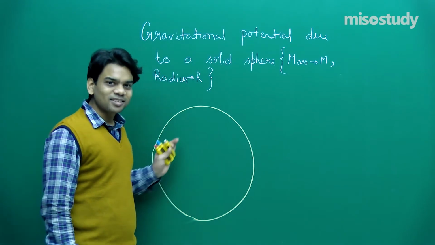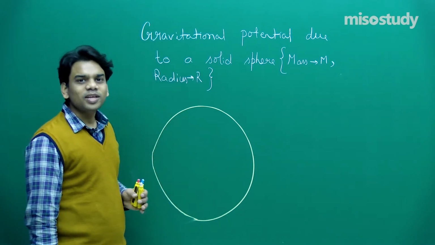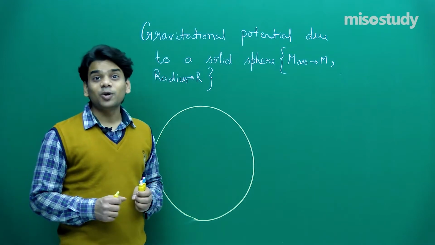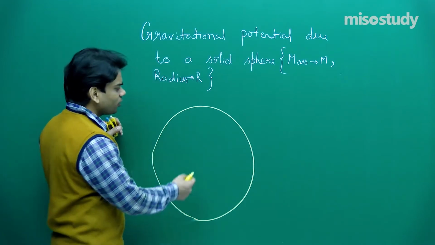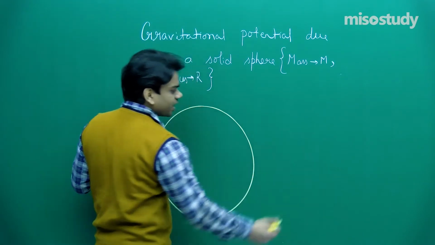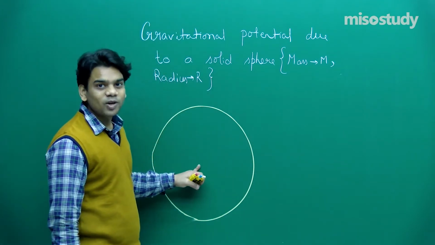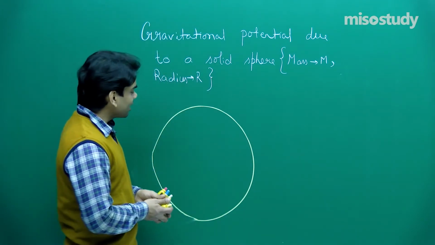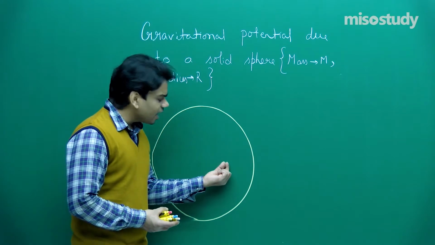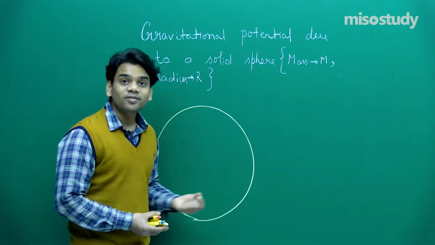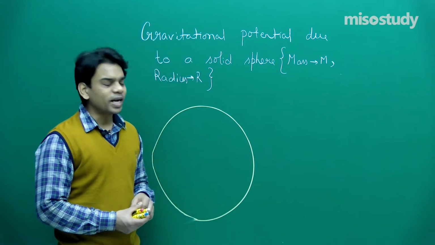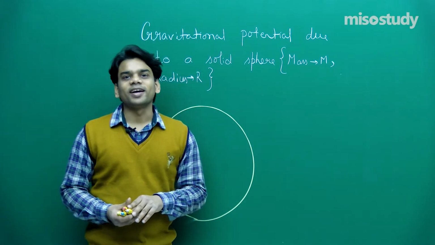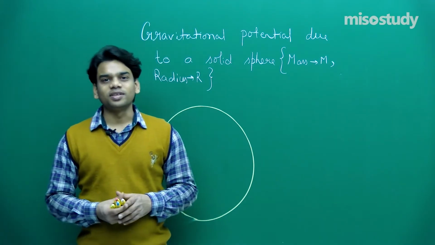Now imagine that this is a solid sphere. There are several points where we can find the gravitational potential. First, at any external point we will find the value of gravitational potential. Second, at any inner point we can find the value of gravitational potential. Let's see how to do that. Before going ahead, how will you imagine a solid sphere?